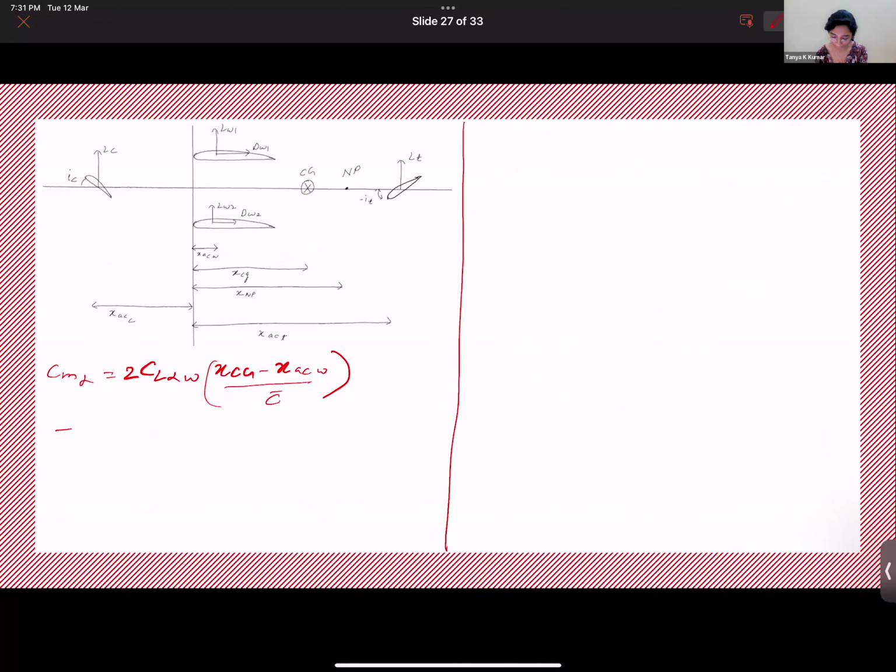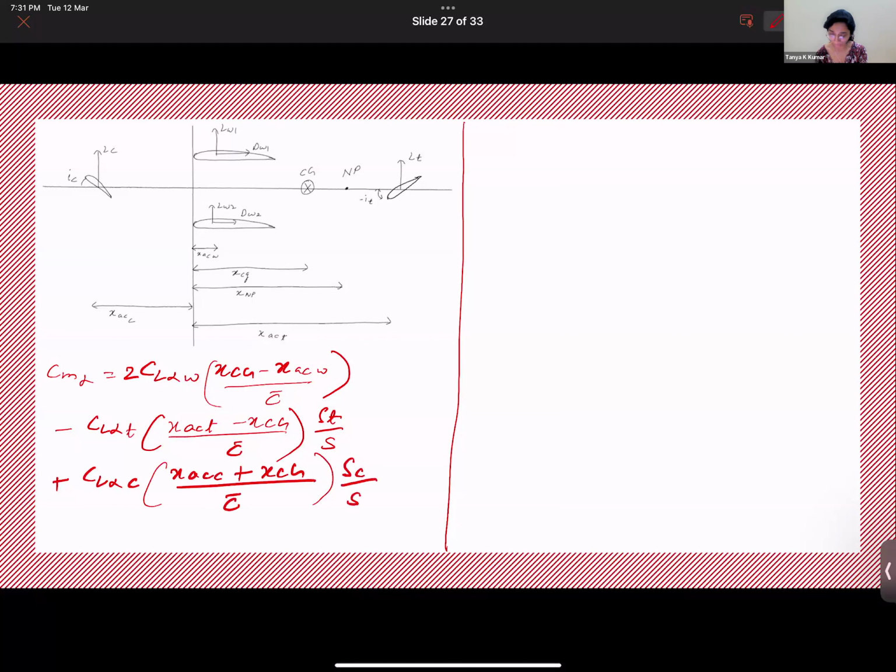Then you have minus Cl alpha tail, XAC tail minus XCG by C bar into ST upon S, plus similarly for the canard, CL alpha canard, XACC plus XCG by C bar, SC upon S.